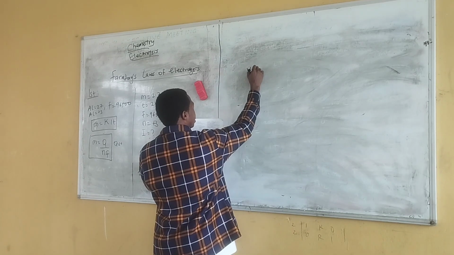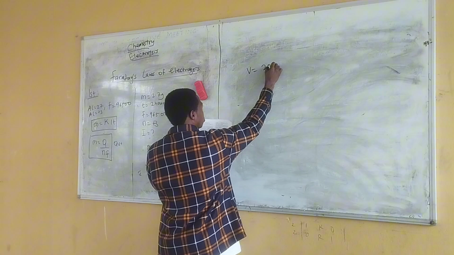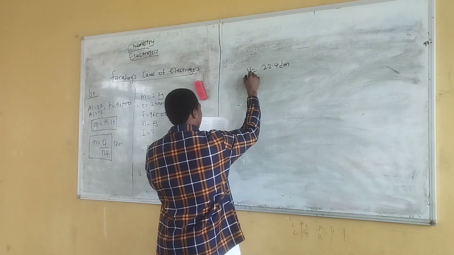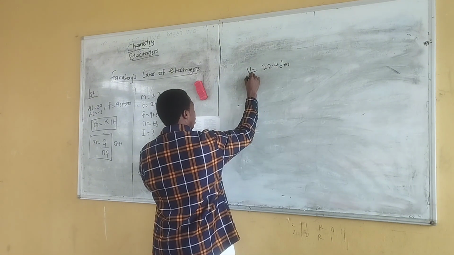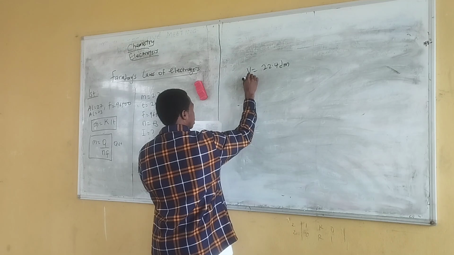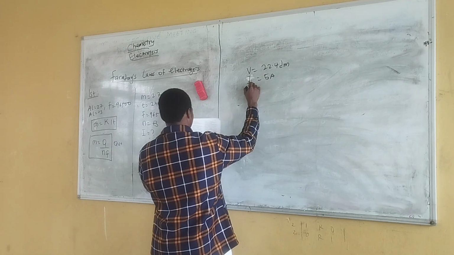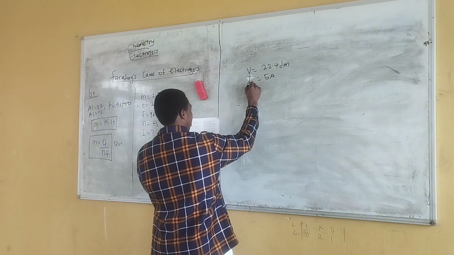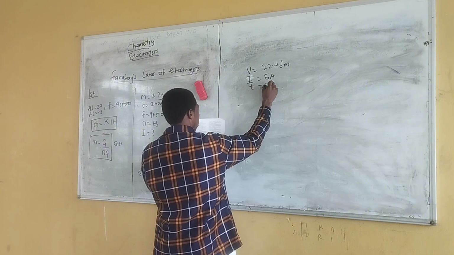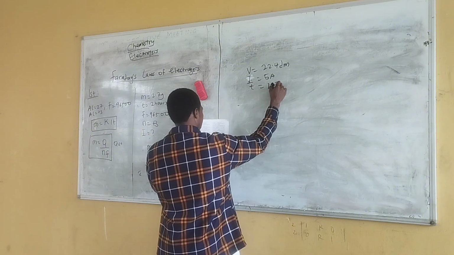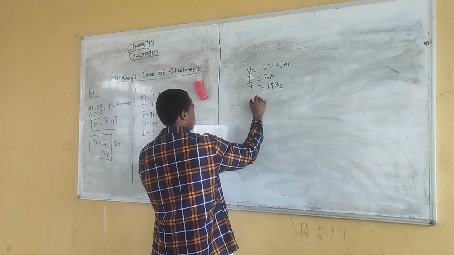When they say at STP, the V there is 22.4 dm cube. Then there is current at 5 amp. Then we have acidified water. The T is 193 seconds.